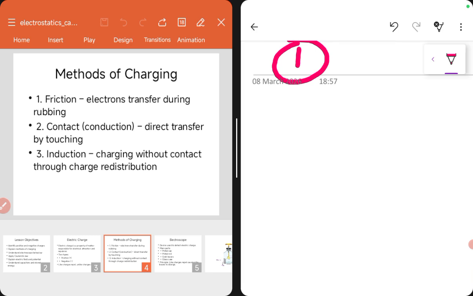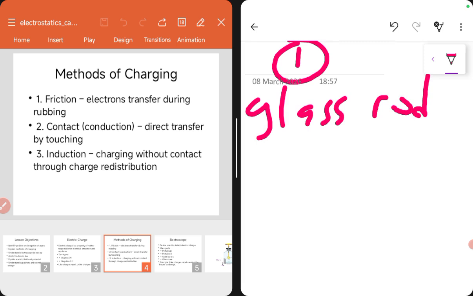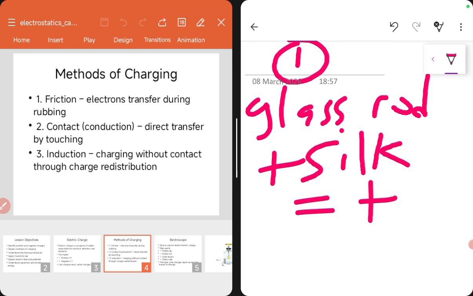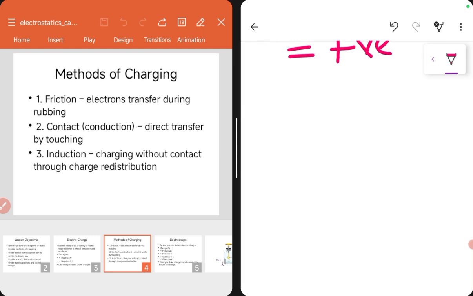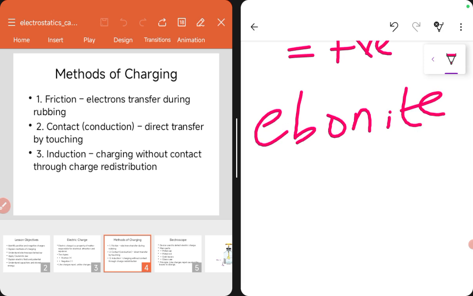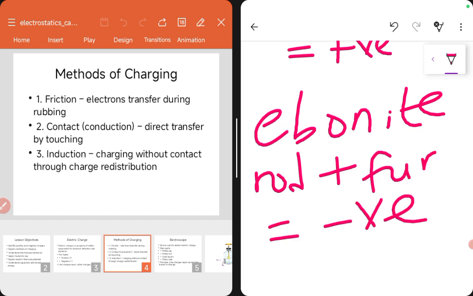Now, a very good example is when you take a glass rod and then you rub it with silk, which is a material. Your glass rod will become positive by friction. So glass rod plus silk will be positive. Now, if you take an ebonite rod and you rub it with fur, the ebonite rod will acquire a negative charge.